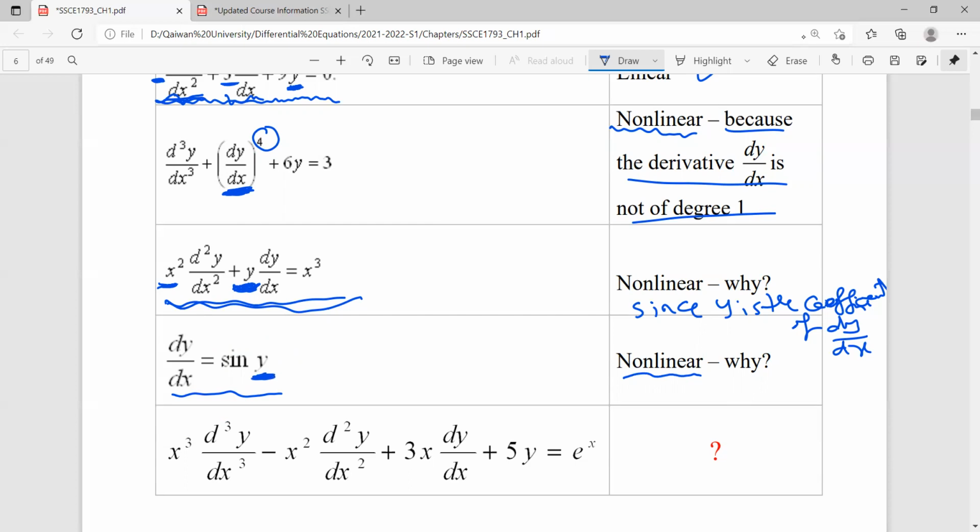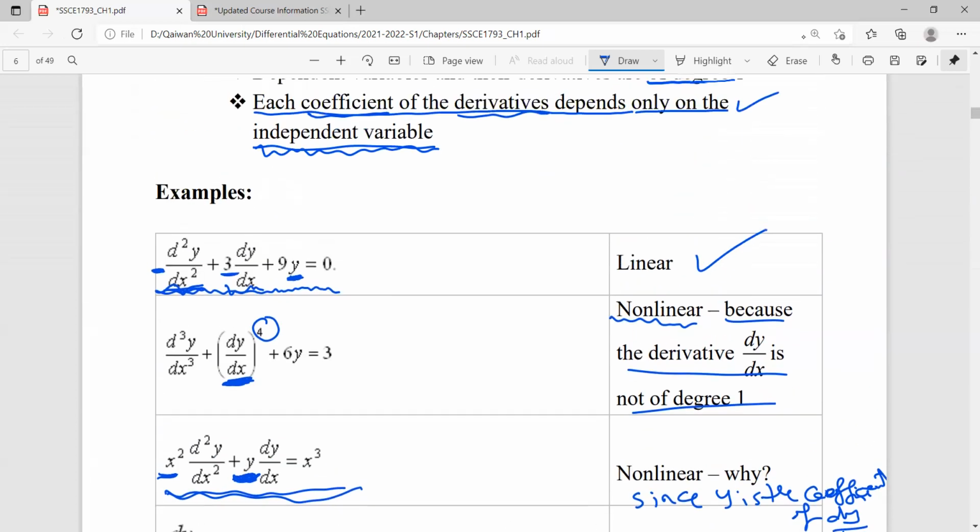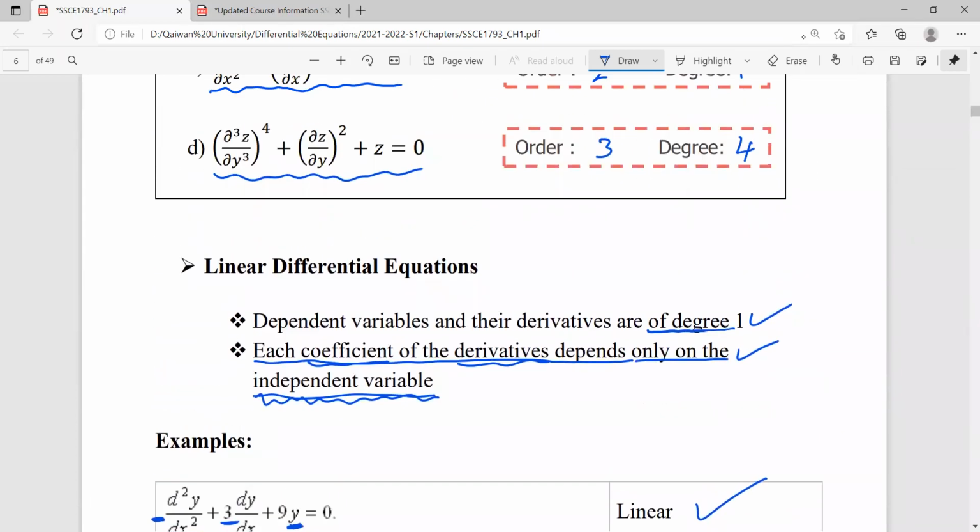If we expand this, sine y equals y minus y cubed over 3 factorial plus y to the power 5 over 5 factorial minus y to the power 7 over 7 factorial. This is the expansion of the sine function.